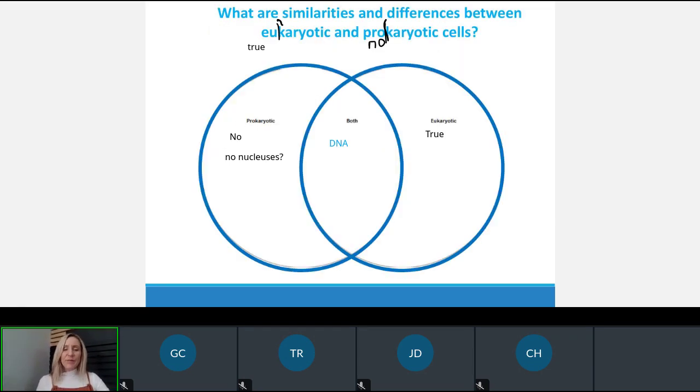Good. What else do we remember about the difference? Yes, somebody put DNA. They both have DNA, right? What else do we remember about eukaryotic and prokaryotic cells? That's the biggest one. Addison, yes. Addison, will you put that in there?